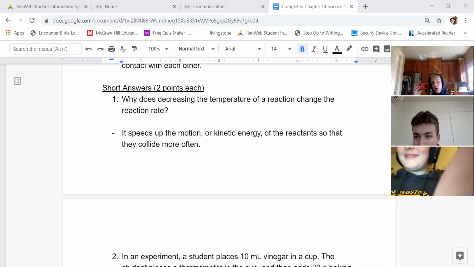By decreasing the temperature, you're slowing down the motion or kinetic energy of the reactants so that they collide less often. And I will change that. Actually, you should change that. All right, so decreasing the temperature of a reaction slows it down because they're bumping into each other less often, those are molecules and atoms.